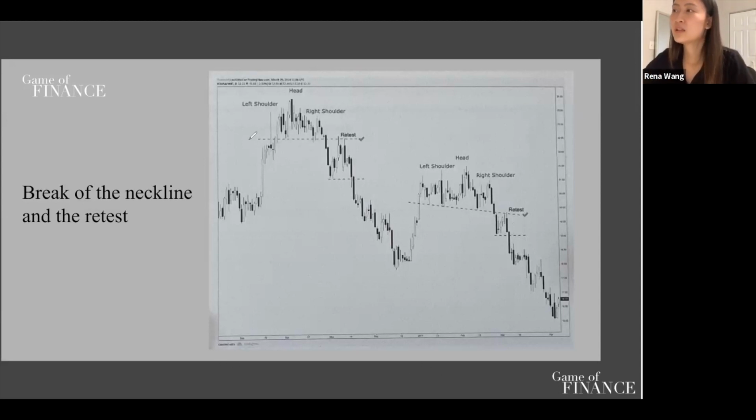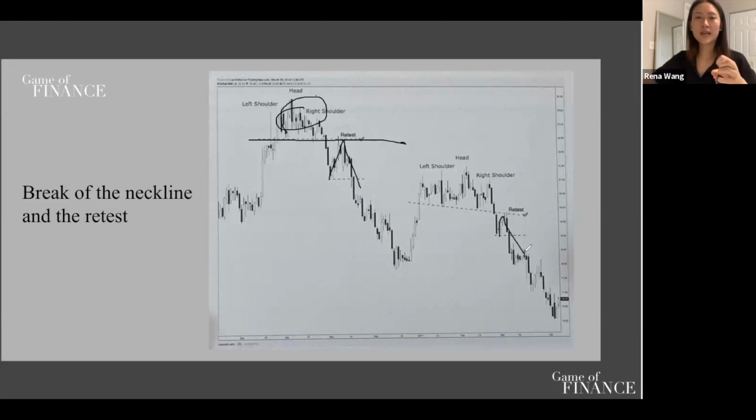Everything else is above the neckline, right? But the retest is hitting the neckline again, but from below. And if the trend structure remains intact and the price does not manage to move above the neckline, then it shows a retest or a new indication of an entry point.